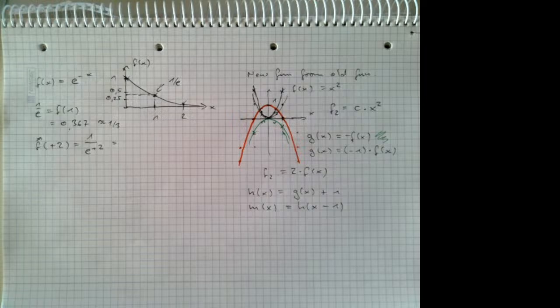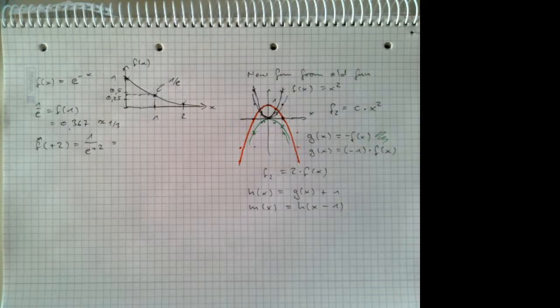Because what used to be h of 0, this point here, occurs later. You have to fill in x is 1 to achieve the same point. Which means what used to be h of 0 is now h of 1, which is then here. You know what I mean?